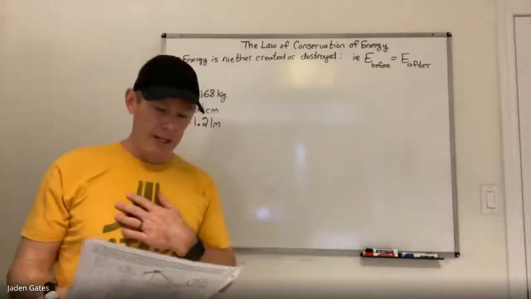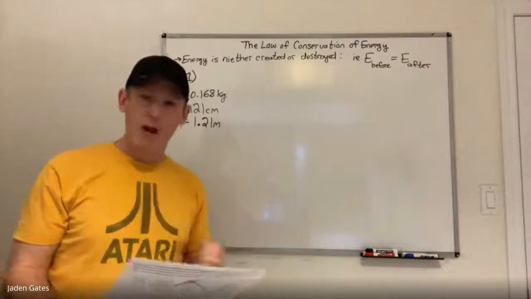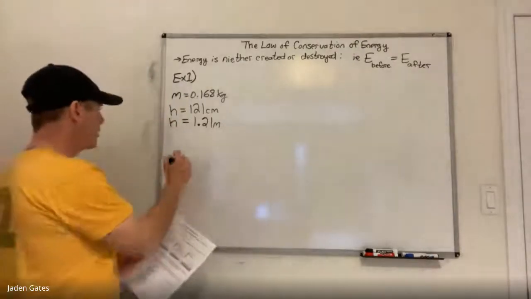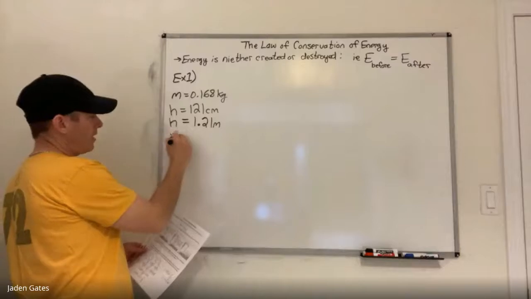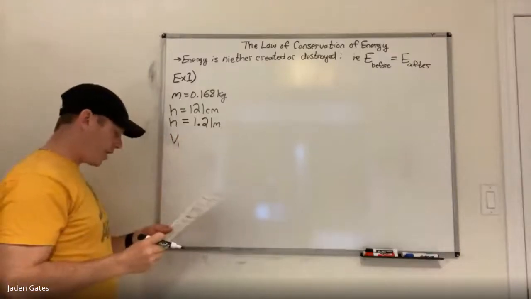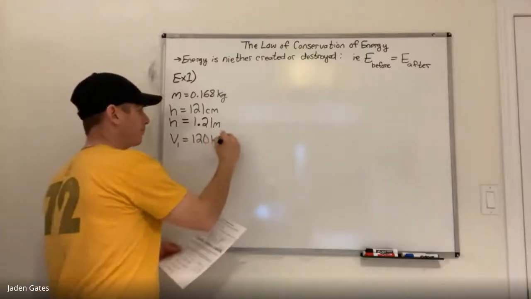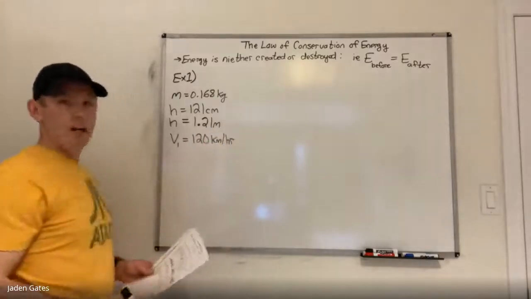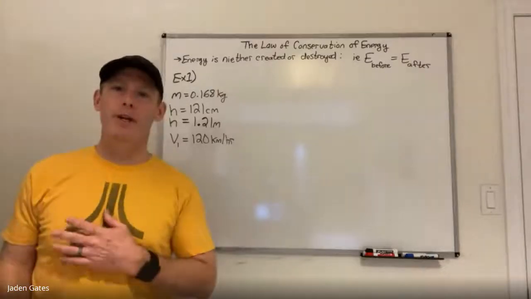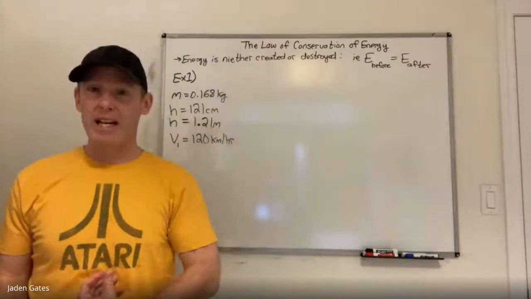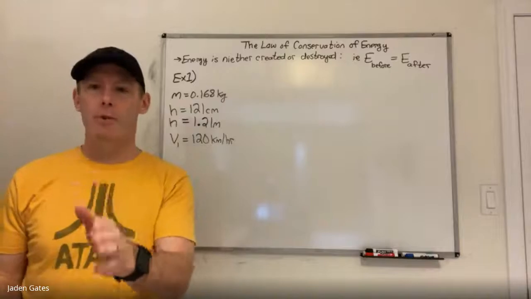All right, so now we continue on here. The puck leaves the stick traveling 120 kilometers an hour, so I'm going to call that my v1, my initial velocity, which again is not in standard units. If I'm moving from kilometers per hour to meters per second, I have to divide by 3.6.